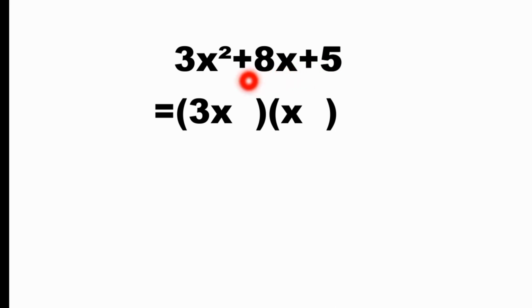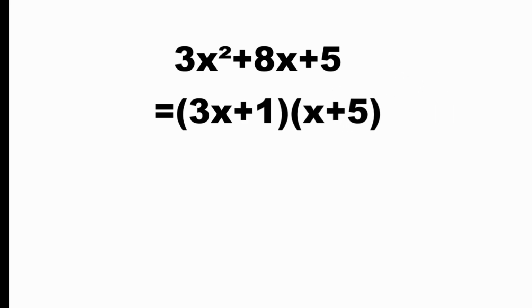We have to take note that the middle term is positive 8x, so our factors must be two positive numbers. The factors of 5 are 1 times 5. Suppose we put 1 here and 5 here.